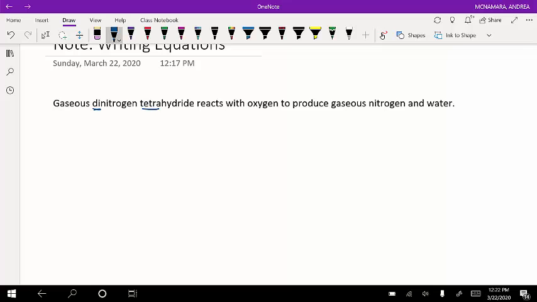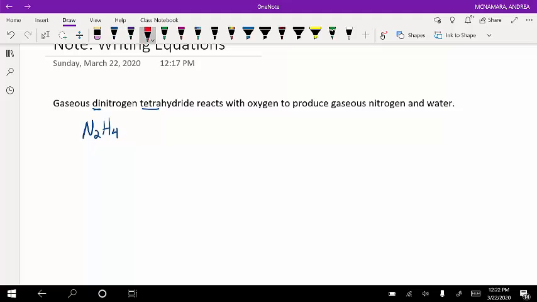Those are the easy ones, remember, because all I do is translate the prefix into a number, right? So dinitrogen N2, tetrahydride H4. So hydride, notice there's no ox in there, right? There's no oxygen. It's just hydride, so it's just hydrogen. And you're being told that it's gaseous, right?